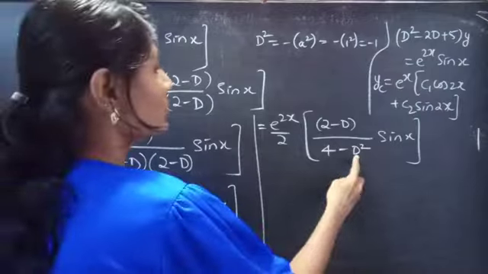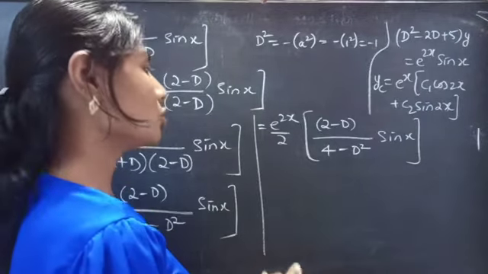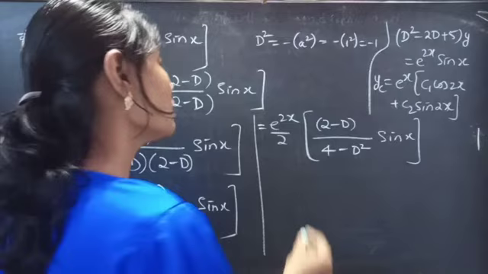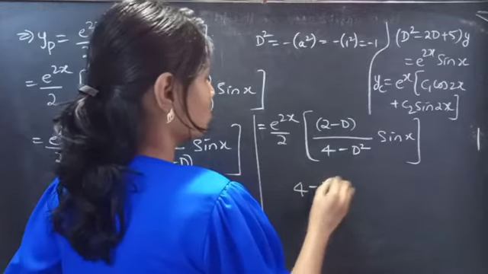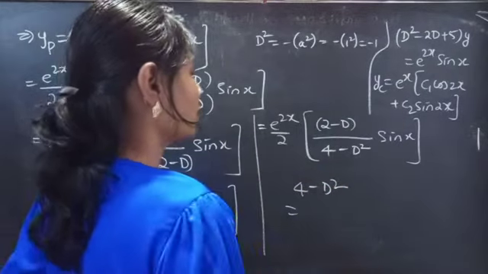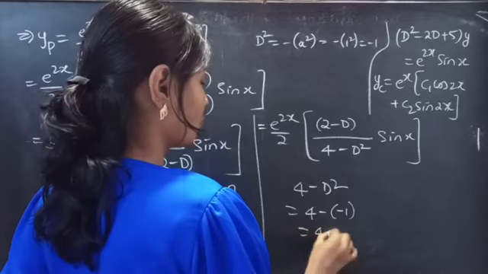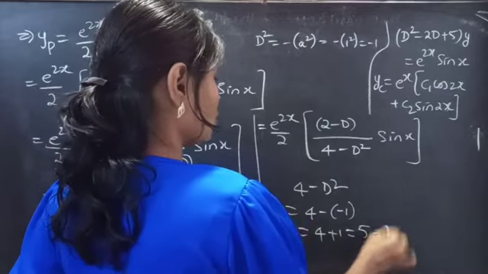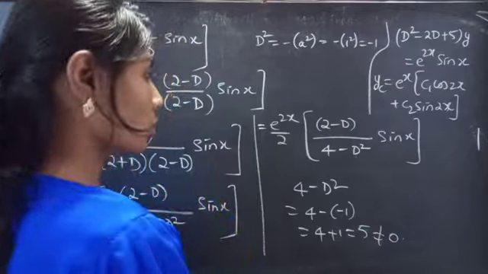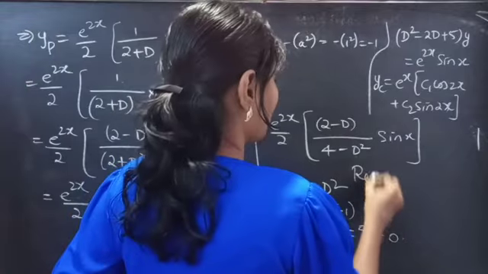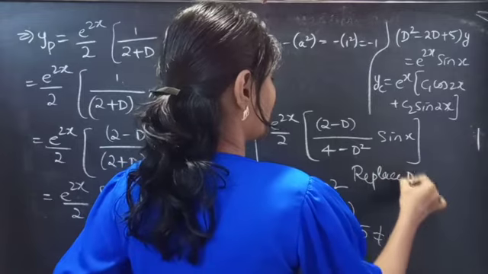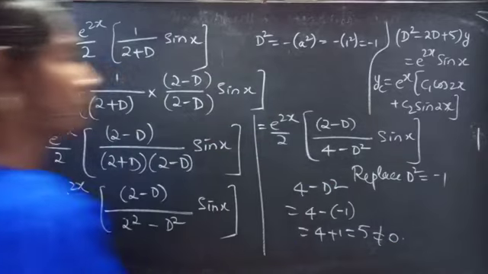Again, we have to replace D square by minus 1 and the denominator must be non-zero, right? Let's see what happens if we replace D square with minus 1 in the denominator. We'll get 4 minus of minus 1, which equals 4 plus 1, non-zero. Since we got non-zero, we can dare to replace D square by minus 1.